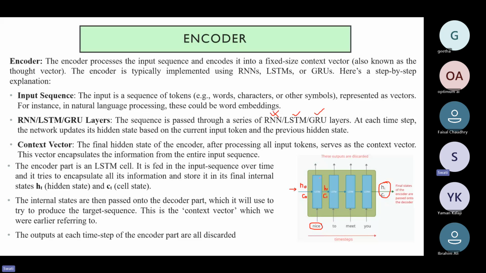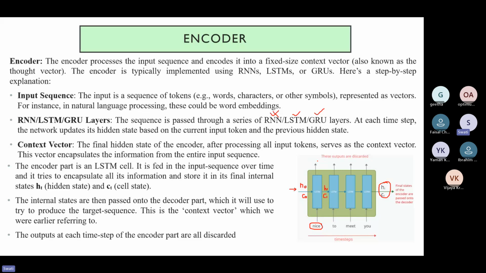The individual outputs from each of these LSTM cells are discarded. We don't use them; they are not taken into account for the simple sequence to sequence model. Only the final output will be the context vector with hidden state and cell state.